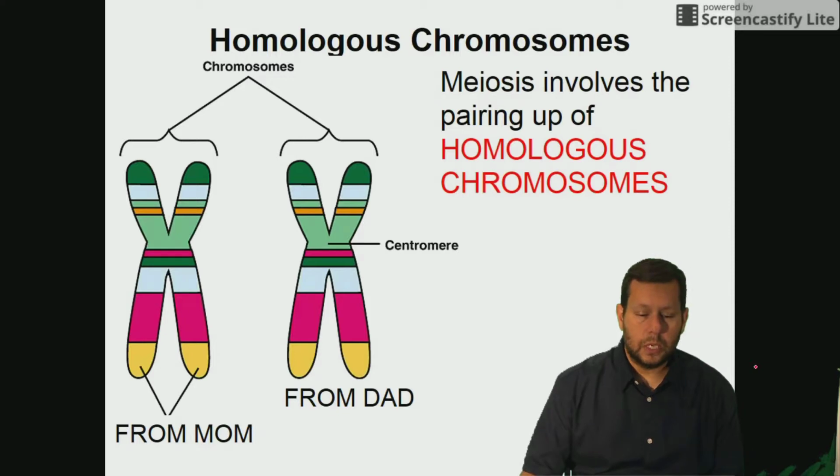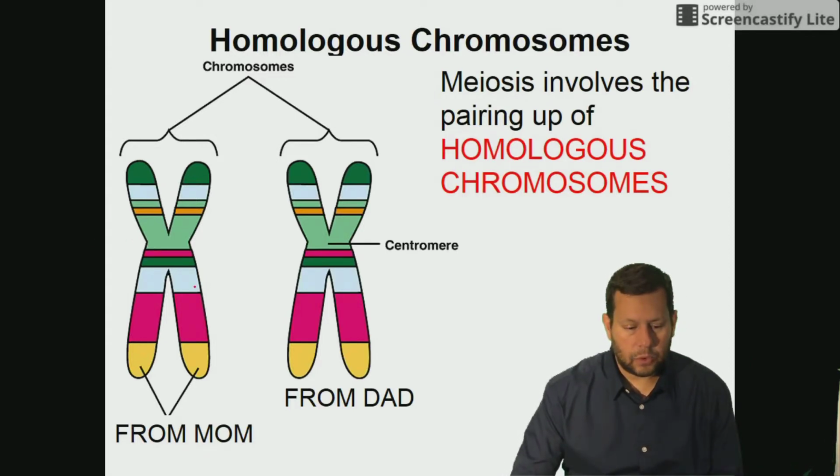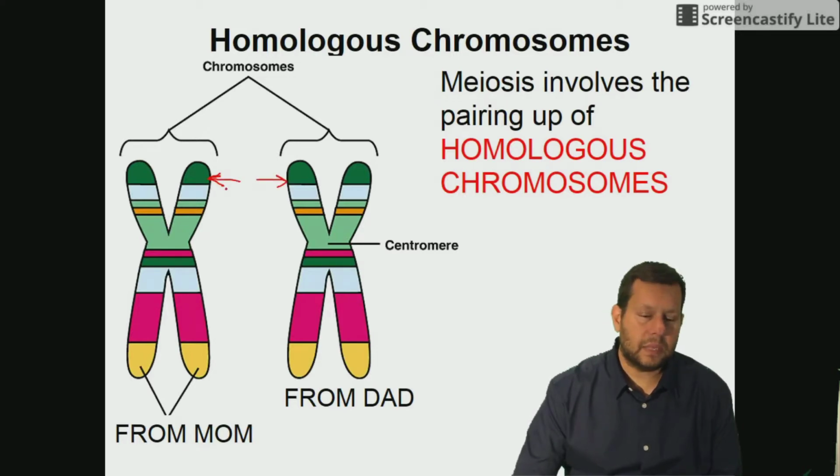Homologous chromosomes are chromosomes with traits found at the same location from each parent. So if you look here on the left, we have a chromosome from mom, and on the right, one from dad. These are homologous because you can see there's a trait here at the top and a similar one from dad. This might be mom's hair color and then dad's hair color.